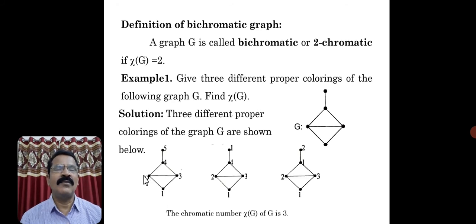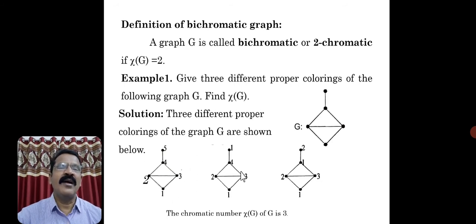For the third vertex, we cannot use 1 or 2, but we can use 3. Here we cannot use 2 or 3, so we use the other color 4. Like that, you cannot use 4, but you can use the other color 5. So the first graph is colored with 5 colors. It is called a 5 coloring graph.